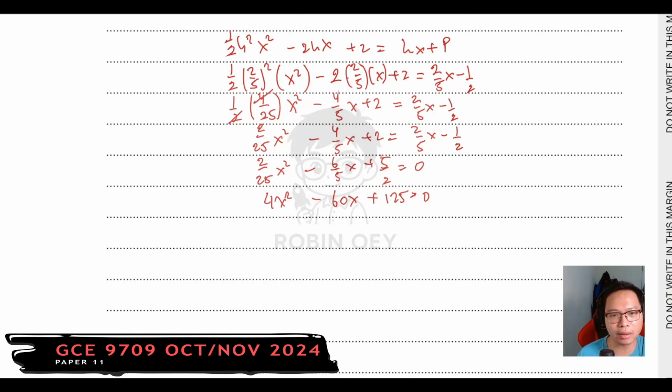Next we just factorize 2x and 2x, obviously. So we have negative 25 and negative 5. So yes, we got the second root.